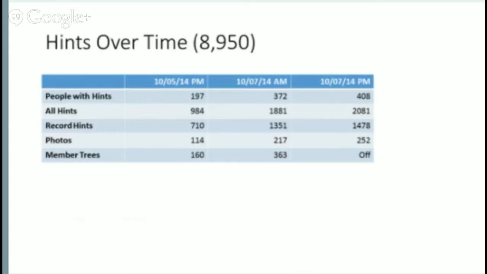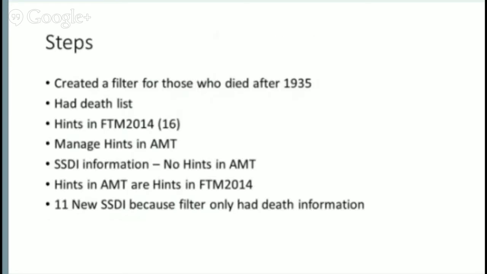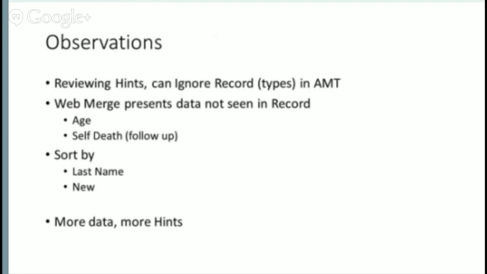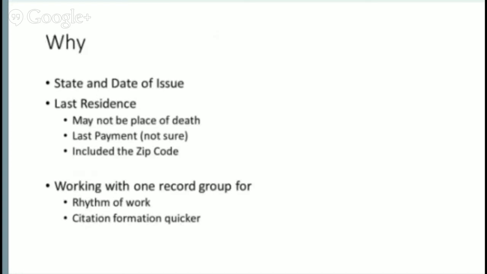All hints went from almost 1,000 to over double that in a matter of 2 days. And since I just went online and updated the file, there were more hints there that I have yet to look at. Why do I do this?